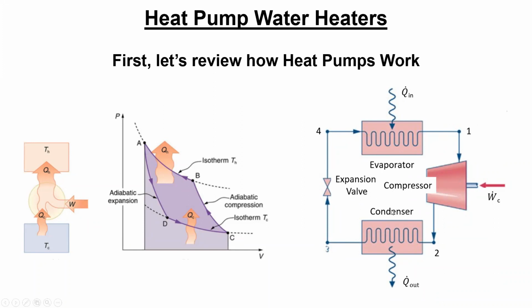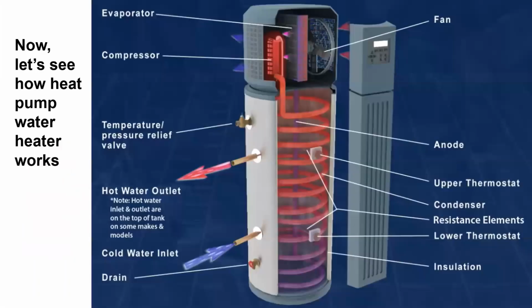So instead of rejecting the heat from the condenser to water or ambient air, the outside unit we have in our building, let's reject that heat into a tank of water, bringing the cool air into the indoor space where this water heater is installed, let's say a garage in a residential application or a facility. And so you're cooling your inside air while you're adding the heat using this heat pump to the water heater.